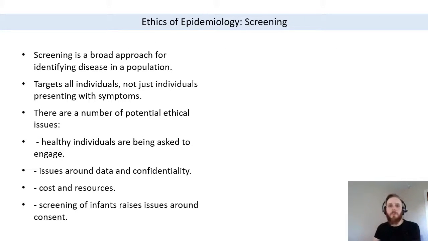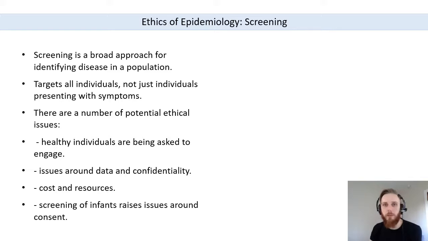There's other aspects of epidemiology as well that we want to think about from an ethical perspective. Screening is one particular issue that comes up in epidemiology. So screening is slightly different from testing and treating and these other strategies that we use, because screening is a more widespread approach that aims to identify cases that would otherwise be hidden. So screening doesn't necessarily require an individual to have any symptoms.